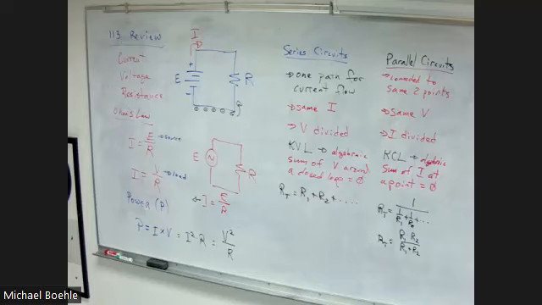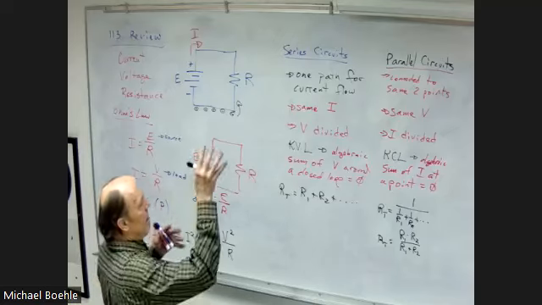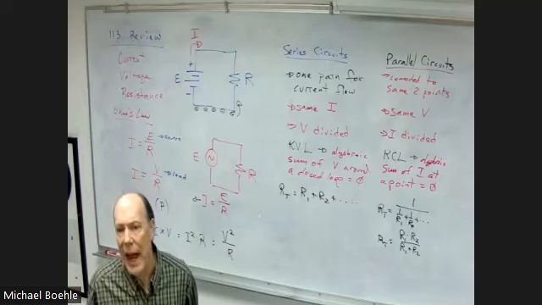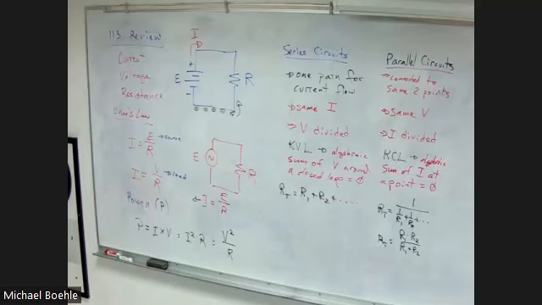Again, though, the math is a little bit more complex. That's it. Questions on that so far? So again, primarily review here, which reminds everyone of what we've done before.